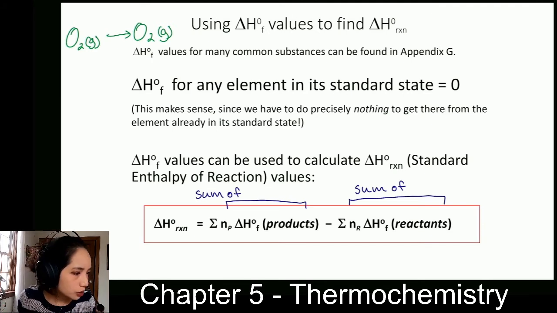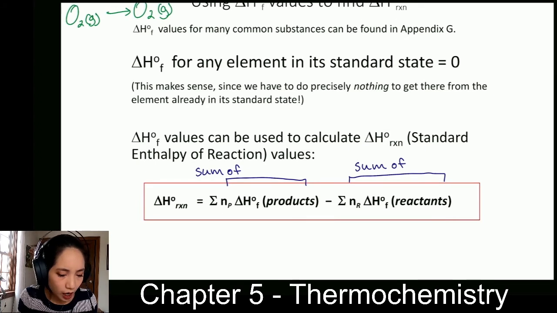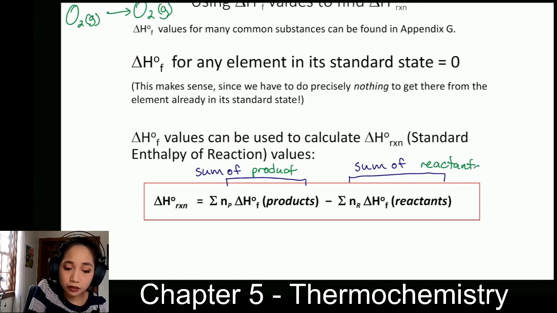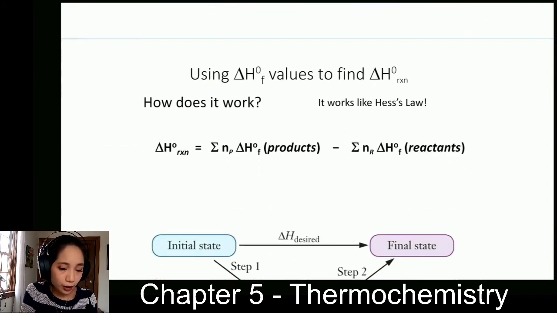So are we going to do an example? Not quite. This equation here, the delta H of reaction, is the sum of the delta H of formations of your products minus the sum of the delta H's of your reactants. This is an application of Hess's law. How does this work?